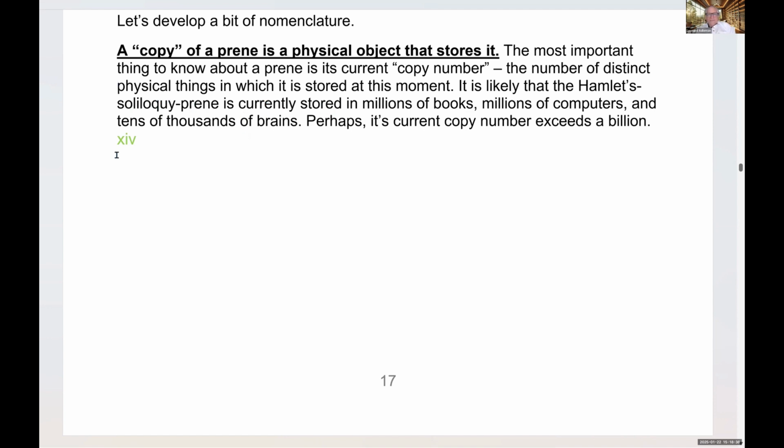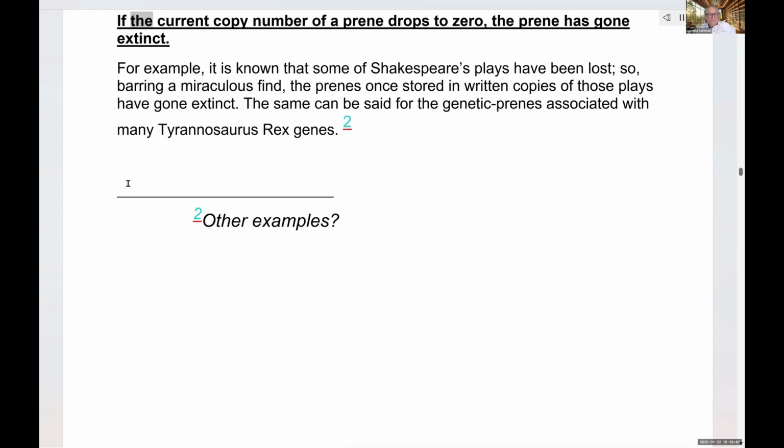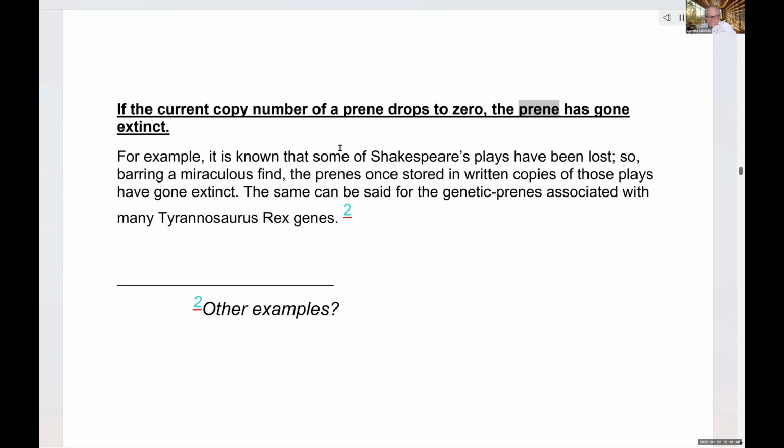Now, let's see. If the current copy number of a preem drops to 0, the preem has gone extinct. For example, it is known that some of Shakespeare's plays have been lost, so, barring a miraculous find, the preems once stored in written copies of those plays have gone extinct. The same can be said for the genetic preems associated with many Tyrannosaurus rex genes. Surprisingly, we do know Hamlet's soliloquy preem, and it seems to be doing fairly well these days in terms of copy number.